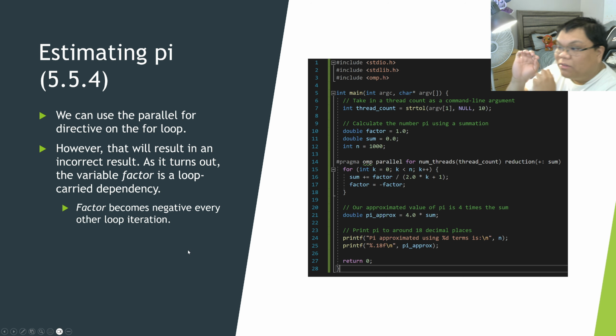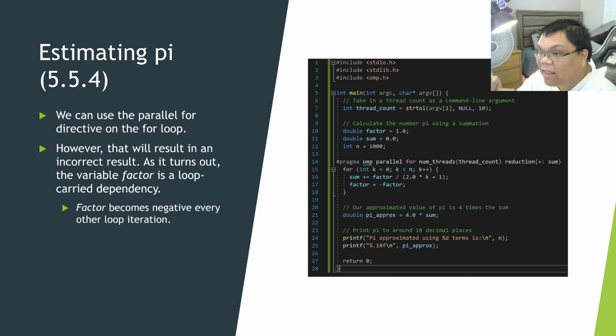If you look closely though, we do have a problem, and that is there is a loop carry dependency, and that is on the line for factor here. The value of factor starts as 1, but because of how this is programmed, every other for loop iteration has factor be -1.